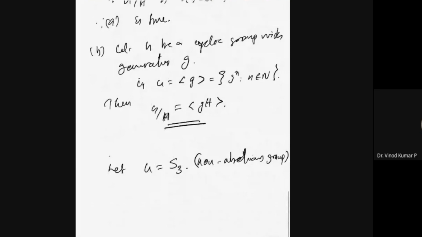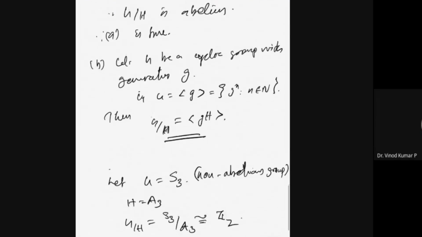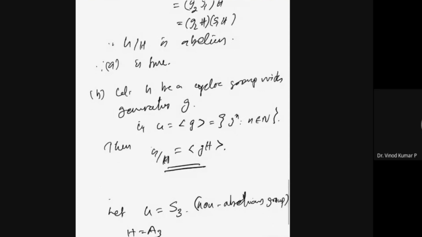One participant gave an example with the group G as S3 and N as A3, so that G by N will be isomorphic to Z2, which will be cyclic. Yes, it's a group of order 2 and it will be isomorphic to Z2.